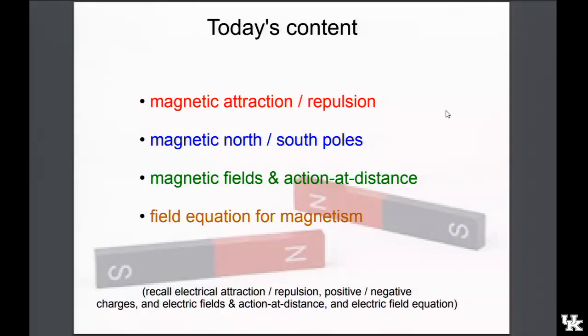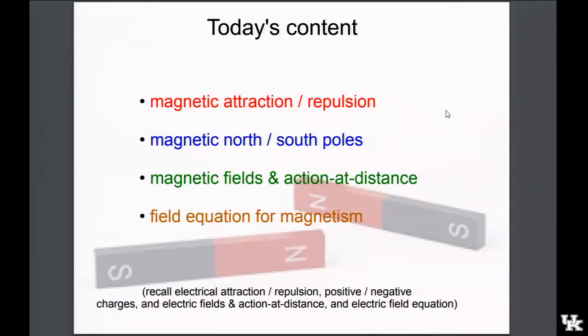I'll then introduce the concept of magnetic fields conveying magnetic forces, like we introduced the concept of electrical fields conveying electrical forces. And I'll end up by discussing what we call the magnetic field equation. It's kind of the parallel to the electric field equation that we met in electricity.